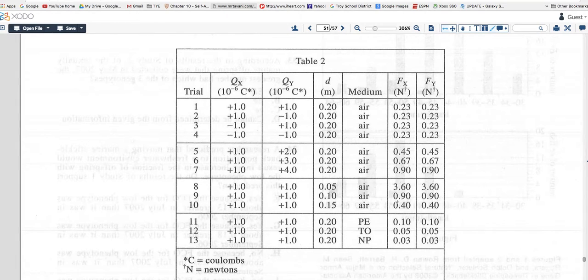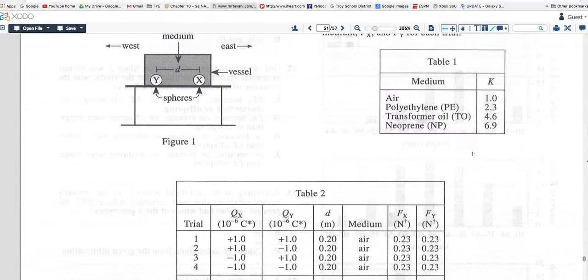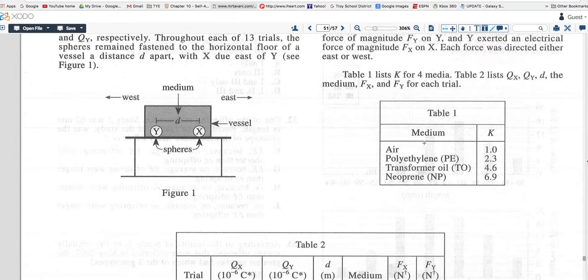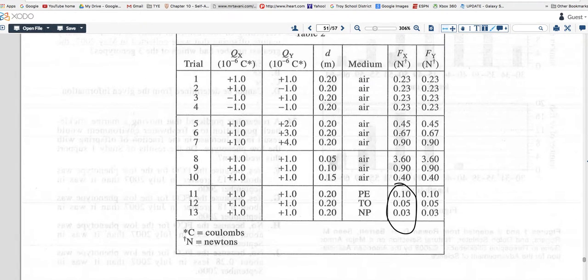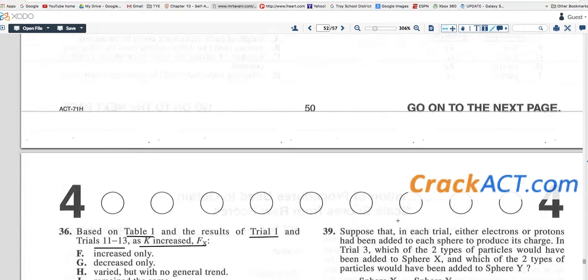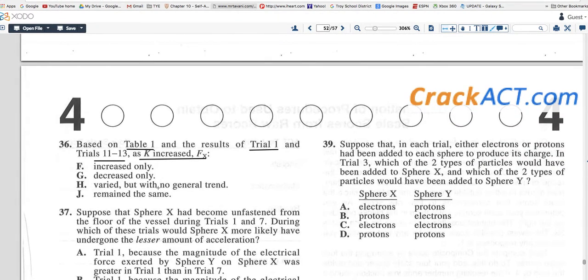So it's B or G, decreasing only. Good. So basically, you just look at this little column right here, and they're saying as K is increasing, as I go from air all the way to NP, what's happening from trials 10 to 13? My FX is only decreasing. Hence, it is B or G.